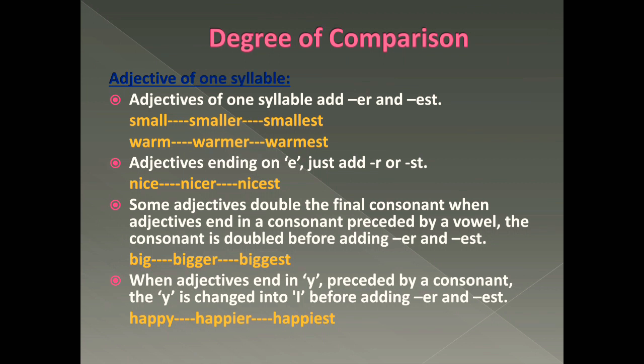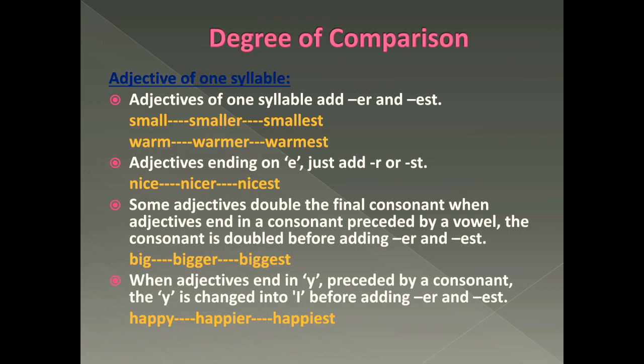Next, adjectives ending in e. If there are adjectives ending in e, then we have to add just r and st. For example, if there is nice, then we will add r in the comparative form. So it will be nicer, and in the superlative form it will be nicest.